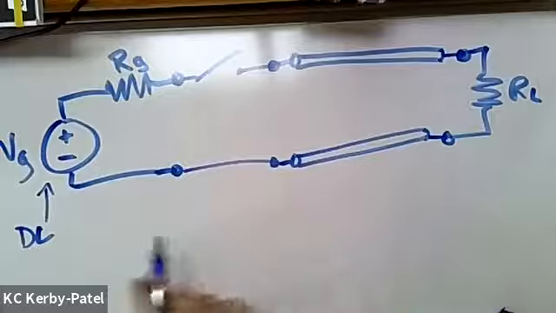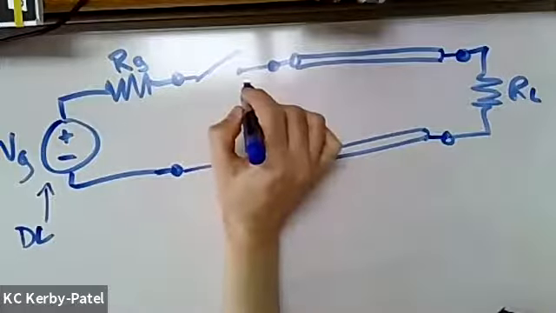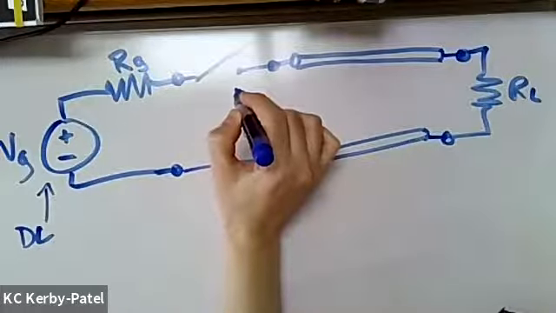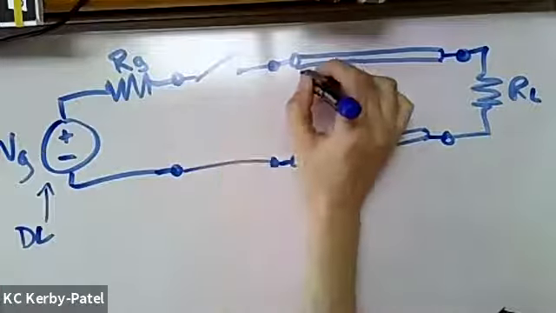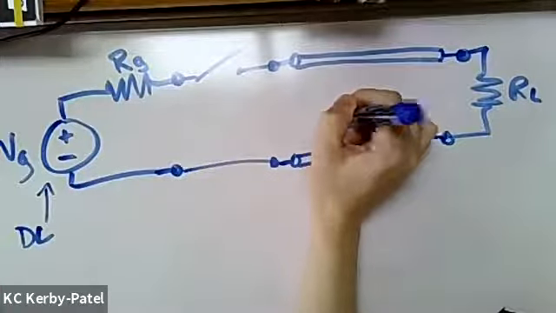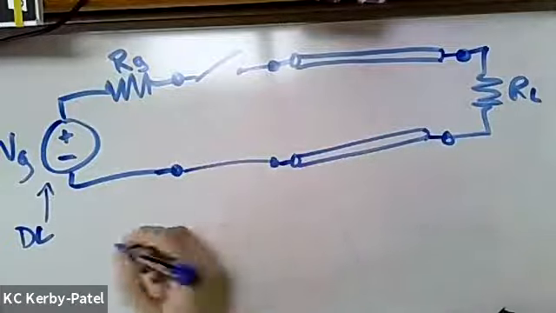So when we close this switch, the charges in these conductors do move, but they move slower than the speed of light.